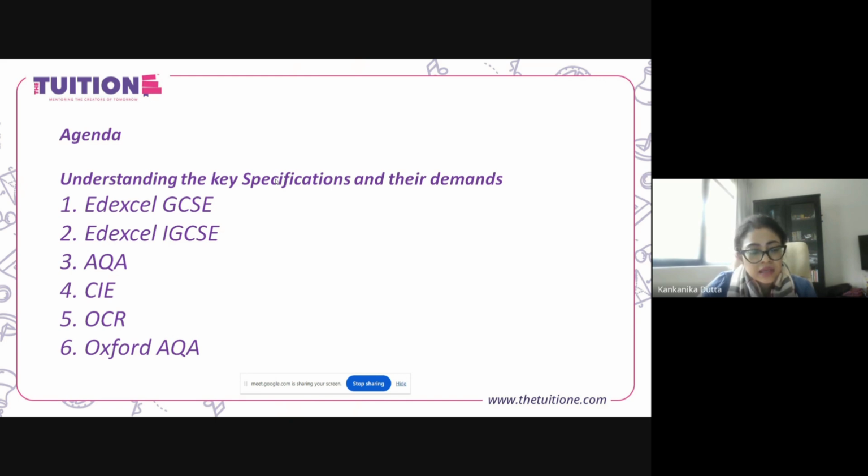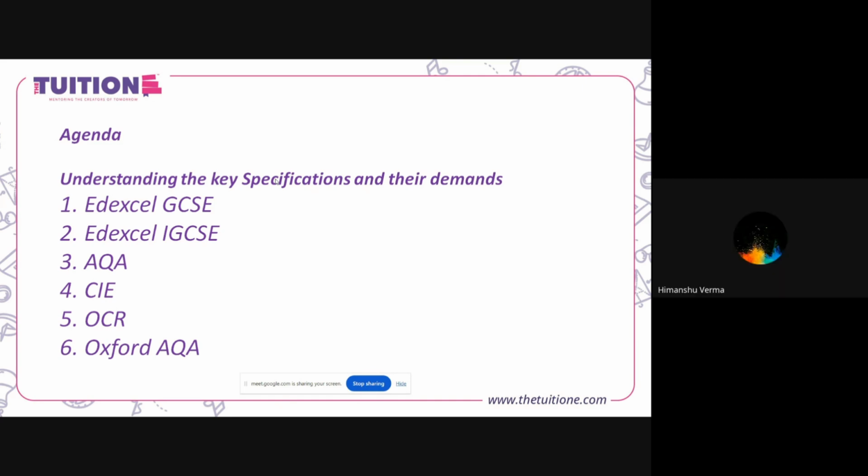How holistic are they in their approach? Or is it comparable to the Indian curriculum, if you are teaching both CBSE and the UK board, or ICSE also?